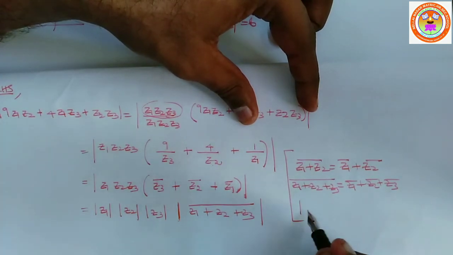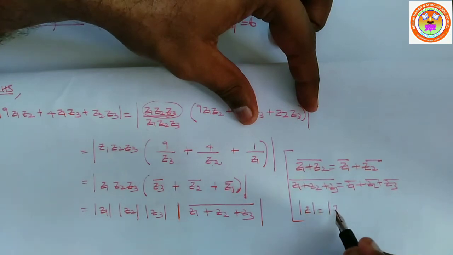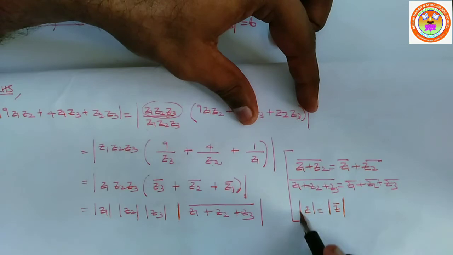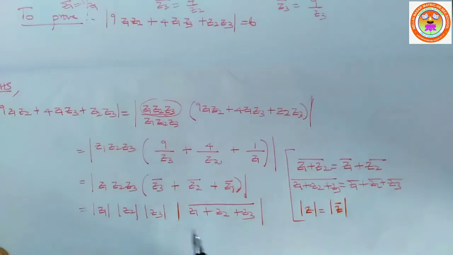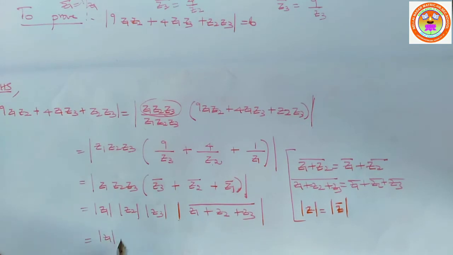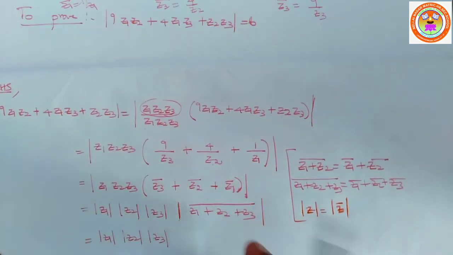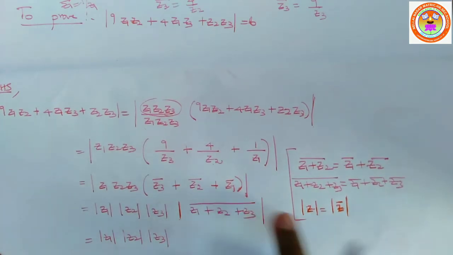We know another property: modulus of Z is equal to modulus of Z bar. In modulus, Z bar is nothing but Z. Same, modulus of Z1, modulus of Z2, modulus of Z3. In modulus this bar is equal to Z, so we don't need the bar itself.